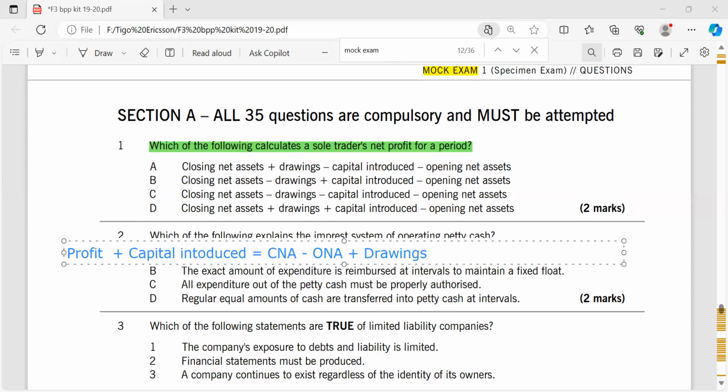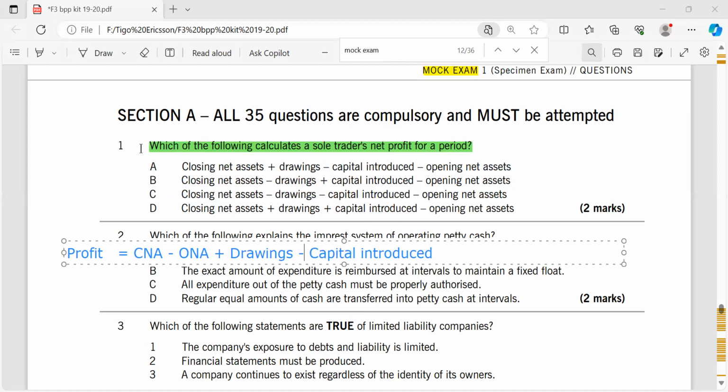Remember that we just need the profit expression. So the capital introduced, since it is added on the left-hand side, comes to the right-hand side and is subtracted. So I would say minus capital introduced, and that is the way of expressing profit in terms of these figures.